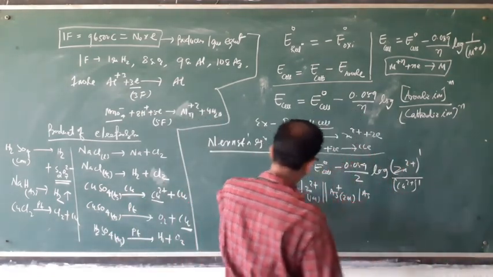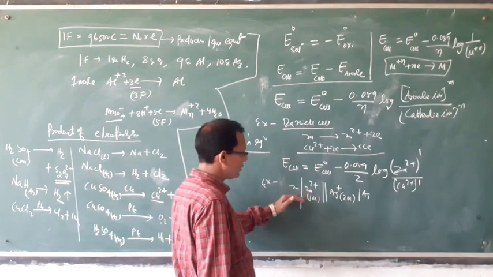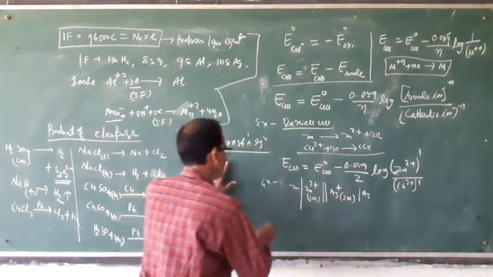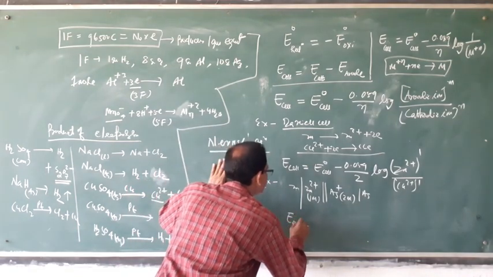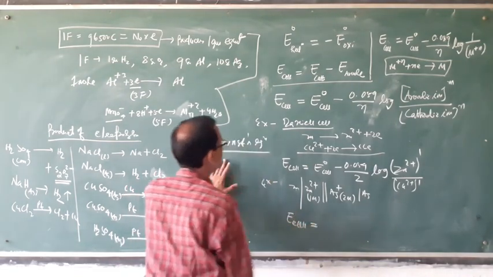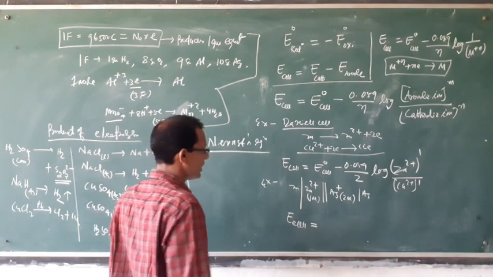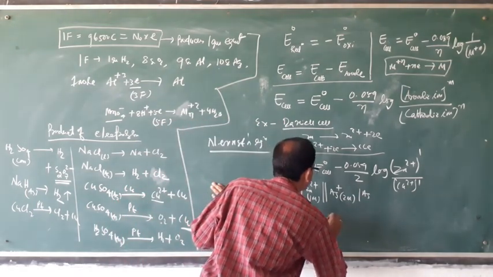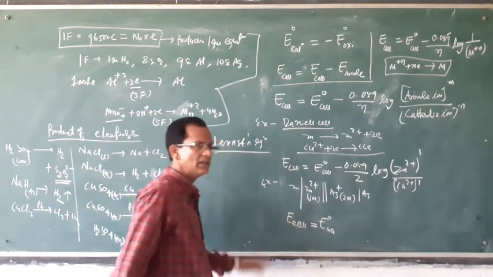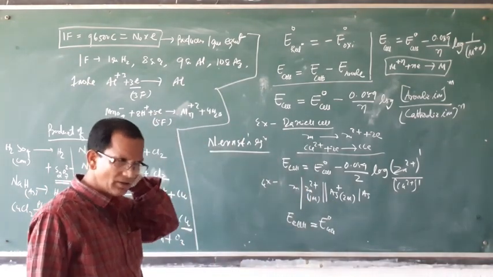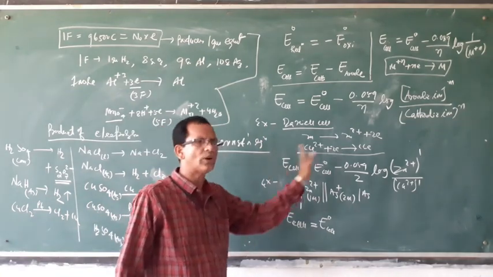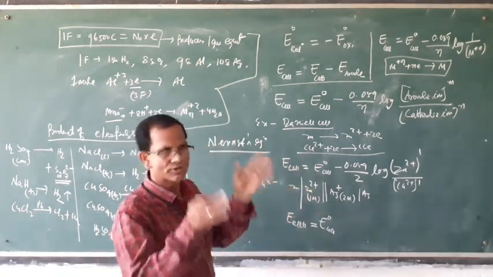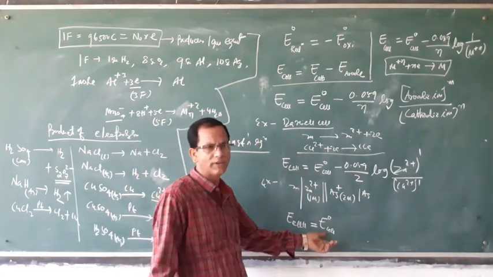Then for this zinc electrode and silver electrode, what is the expression of cell potential? E of cell is equal to E naught cell. Sometimes the E naught value will be given directly, or it will be given in terms of cathode and anode. If the cathode value and anode value are given, you just deduct them and put the value.